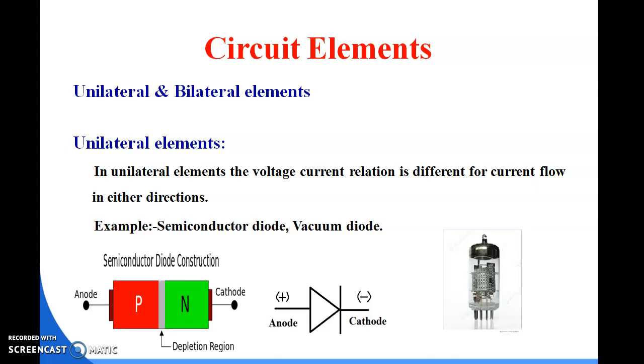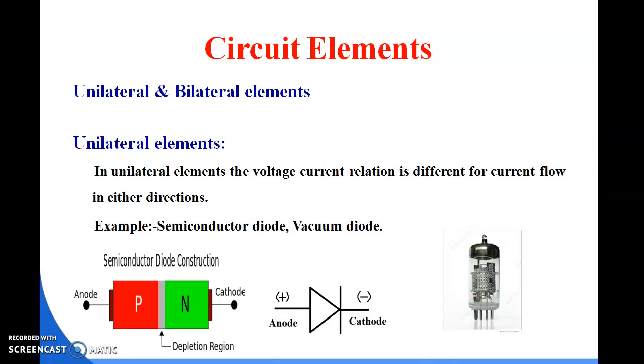That means in unilateral elements, the voltage current relation is different for current flow in either direction. For example, semiconductor diode and vacuum diode. Okay, these are the examples of unilateral elements.